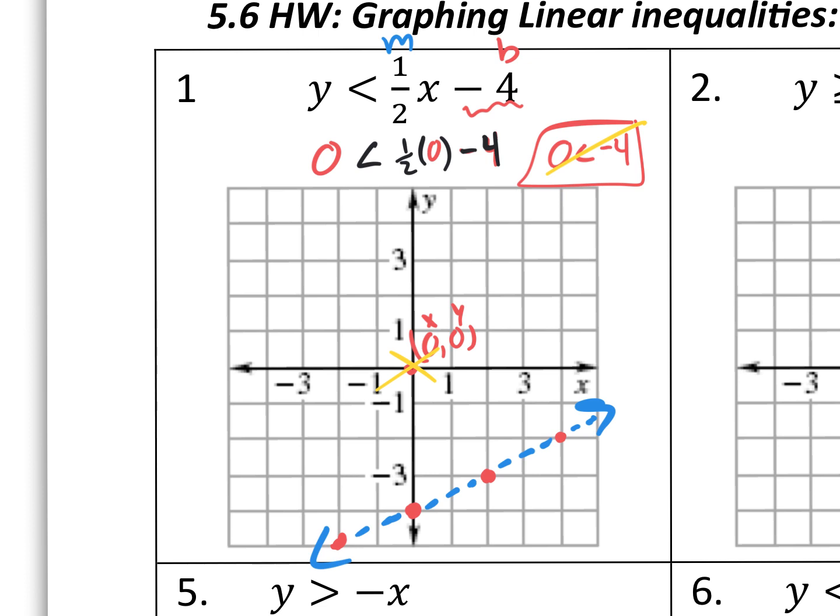Once you have y by itself, you could think about the y-axis: anything above on the y is greater, anything below on the y is less. As you read this, when y is by itself, it says y is less than. That means your answers are below the actual line. So you're going to shade in this bottom part, right below the line.